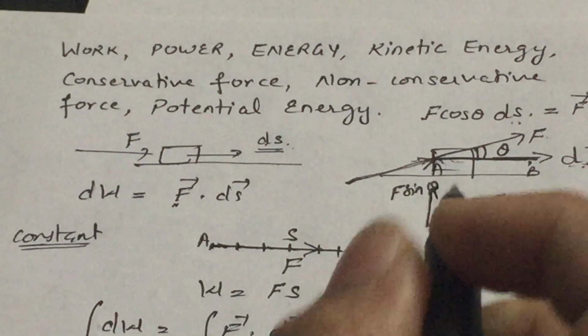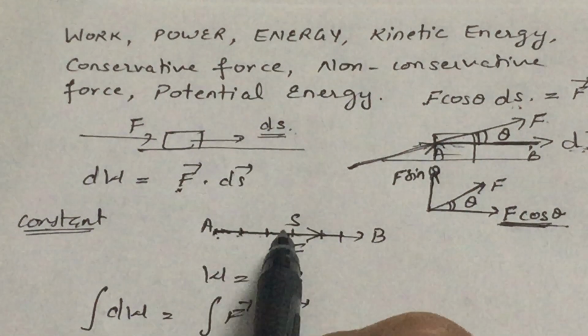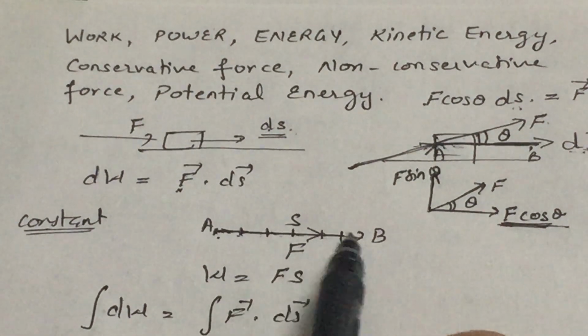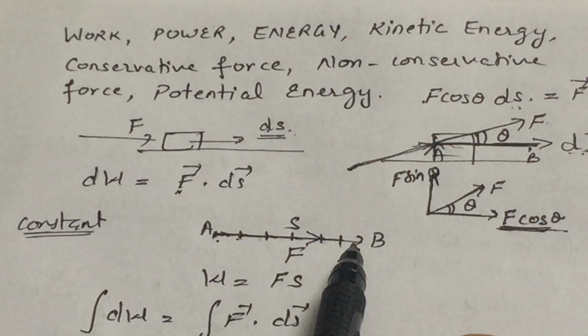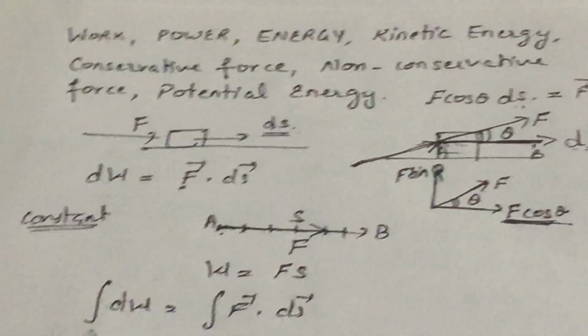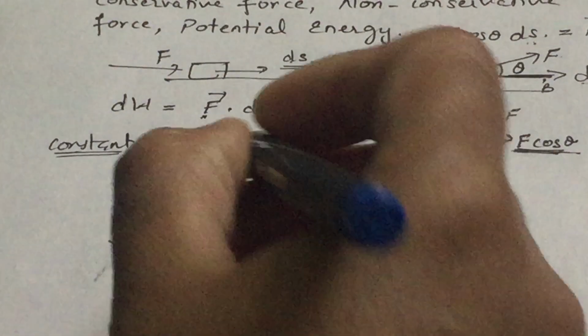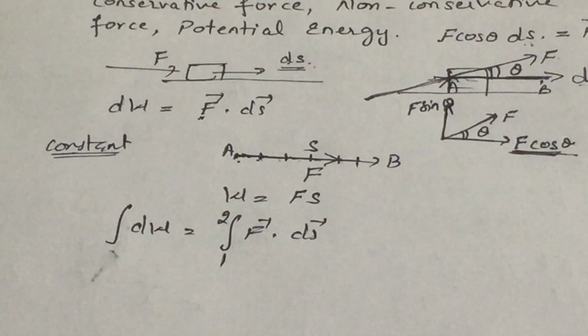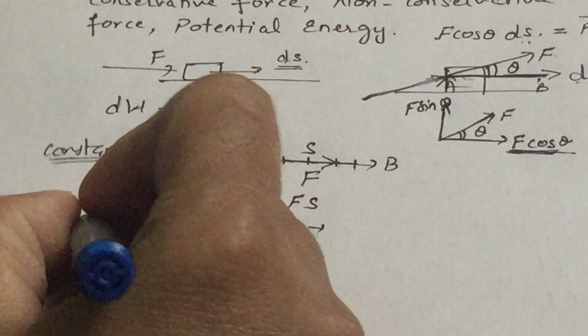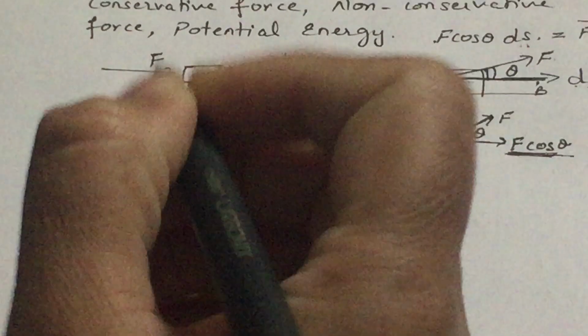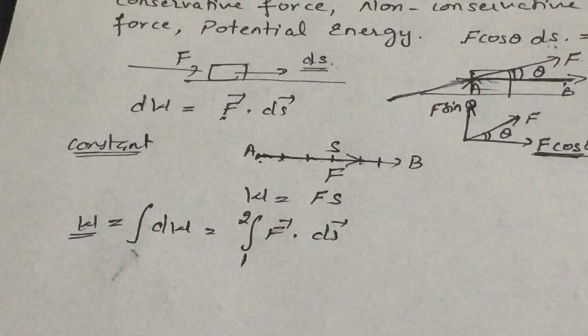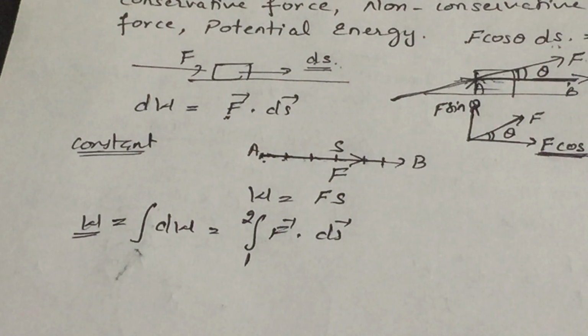displacement, in how many parts the displacement is divided, and then we integrate from its initial position to the final position, and we can easily find out the total work done. It means, how will you calculate work done?